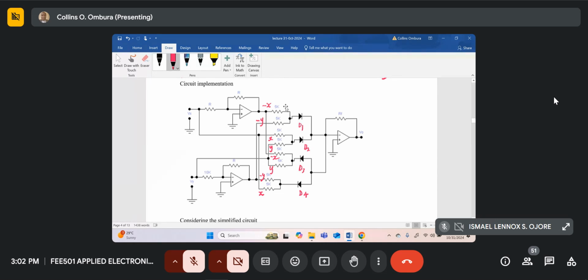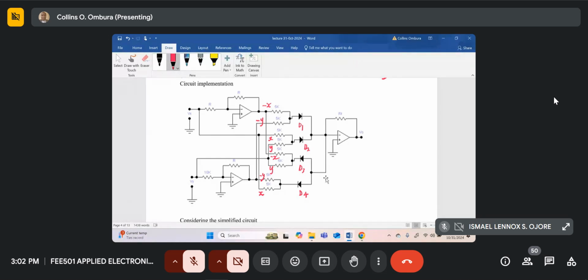I think in the next class we'll go over this because time is up. This is the other technique used to perform analog multiplication. As you can see, we're using op-amps, and you are going to use diodes to perform the squaring.